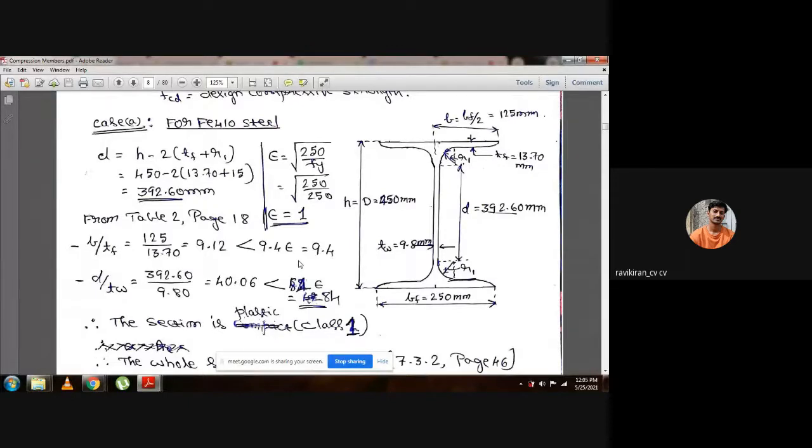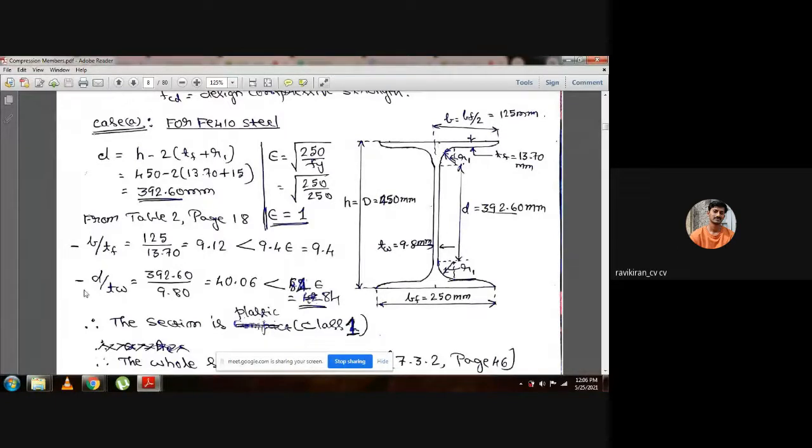So this 9.12 is less than 9.4 epsilon. What is the epsilon value? It is nothing but the square root of 250 divided by yield strength. As we have considered yield strength of 250, we get epsilon value as 1. So we get 9.12, which is less than 9.4.